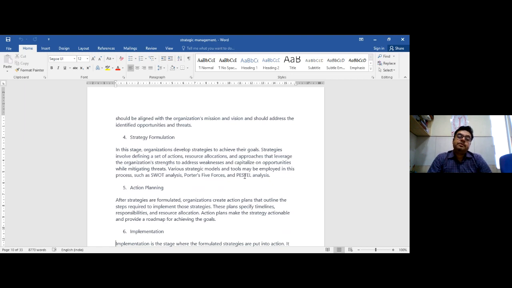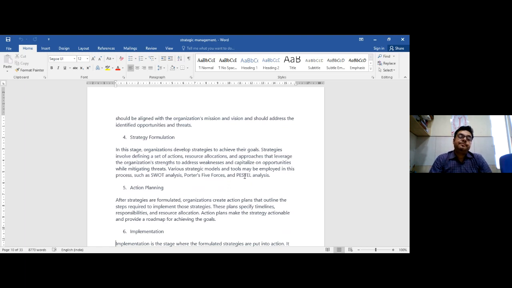And these strategies would involve defining a set of actions, resource allocations, and approaches that leverage the organization's strengths to address weaknesses and capitalize on opportunities, ultimately to mitigate the threats.